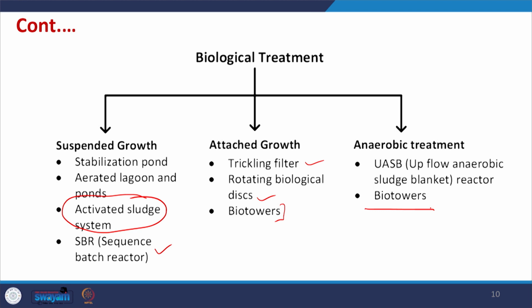Now, after secondary treatment, depending upon the water or wastewater quality that we get after the treatment, tertiary treatment may be required, may not be required, and this tertiary treatment has a large number of processes, which may or may not be used, and some of these tertiary treatment systems are being listed here.